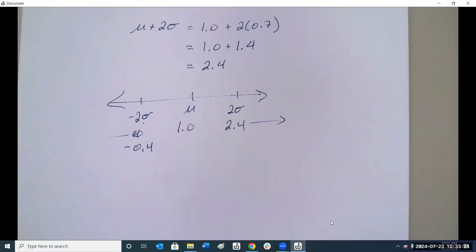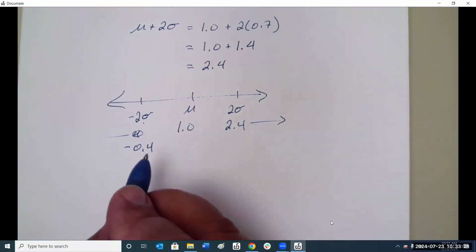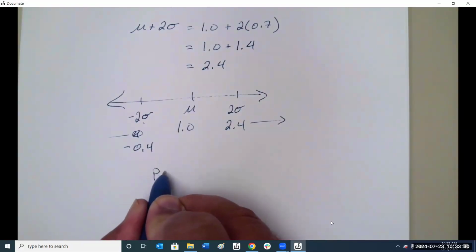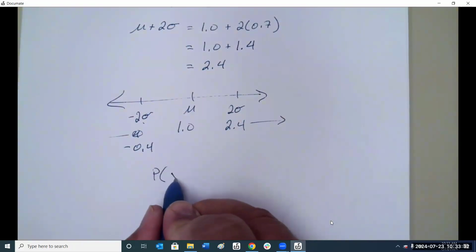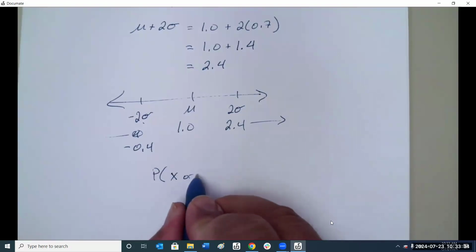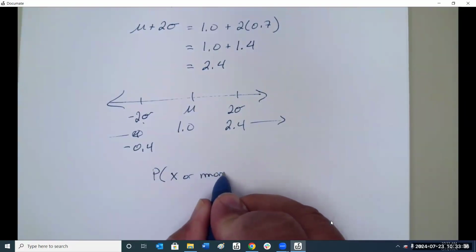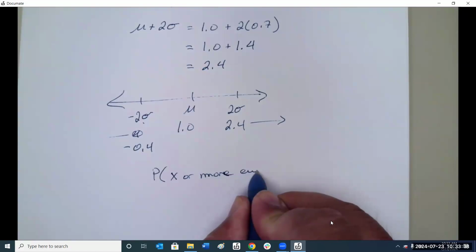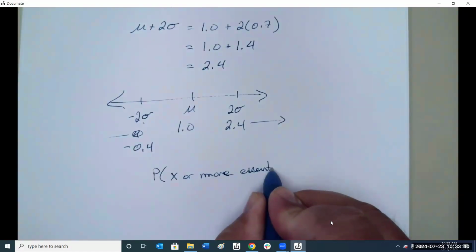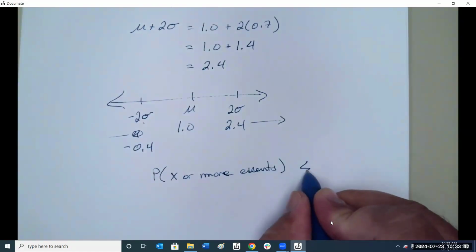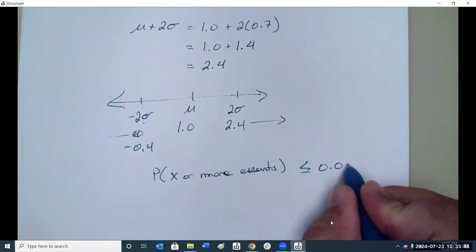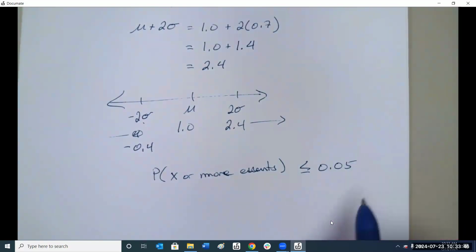What you're looking for here, significantly high, is if the probability of X or more events is less than or equal to 0.05.